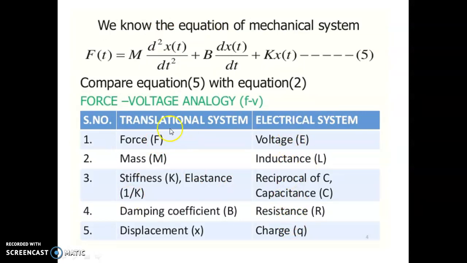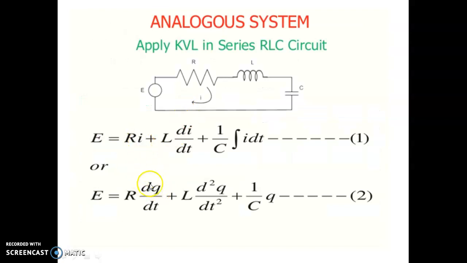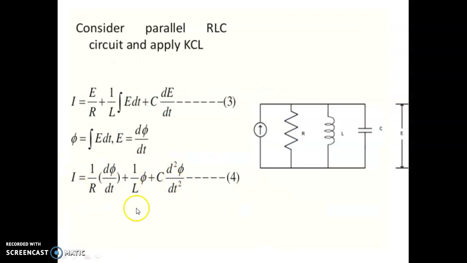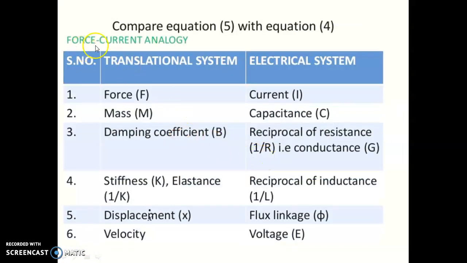Whatever electrical terms are there, I am replacing them because we are applying the force voltage analogy. So i was replaced by dq by dt for force voltage. For the KVL circuit, we will use this force voltage analogy table. Similarly, here we applied KCL, and another table is available, the force current analogy.